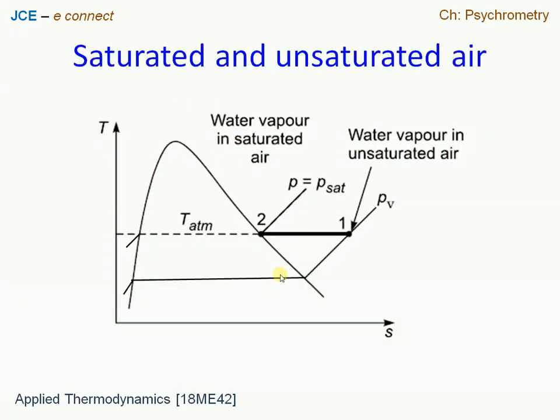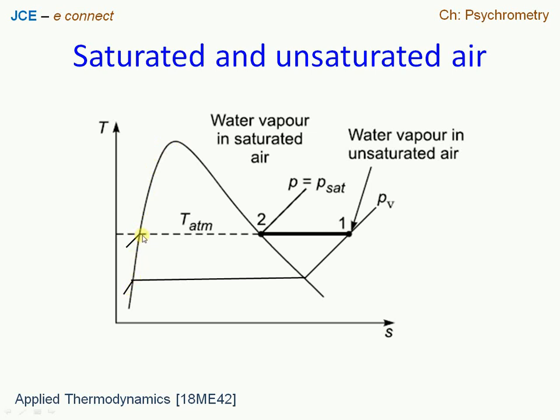Here we have a TS plot, temperature versus entropy, and we have a saturation dome. We know that the right side curve on the saturation dome is the saturated vapor curve, and on the left side we have the saturated liquid curve.